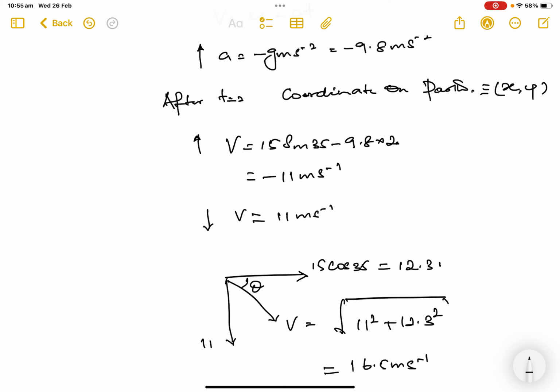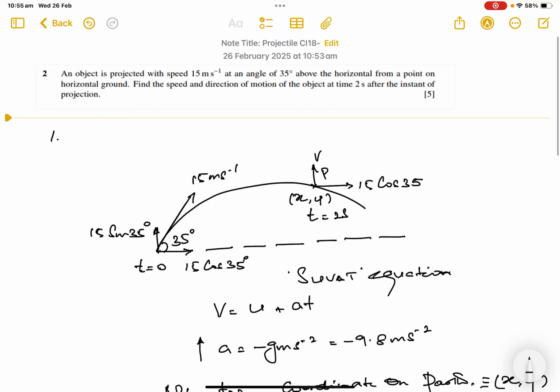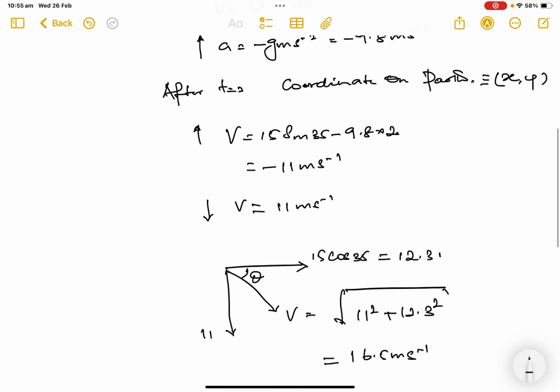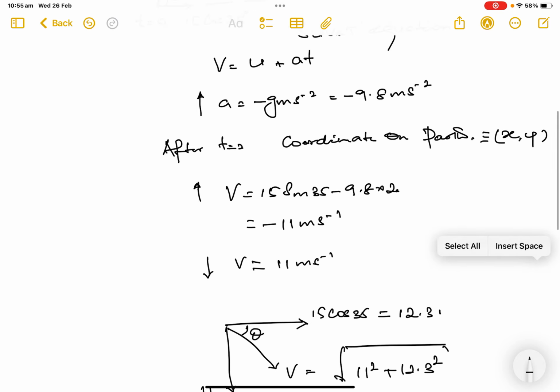We can find it, since we want the speed and direction 2 seconds after projection. So v equals 15 sin 35 minus 9.8 times 2. We just use the same SUVAT equation, u plus at.